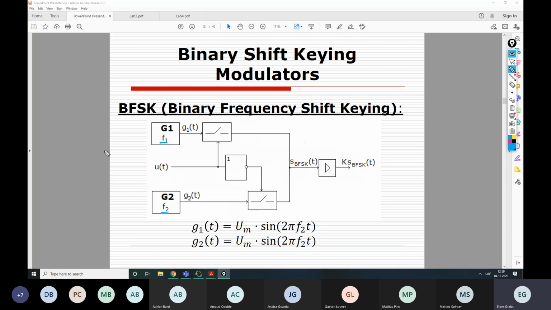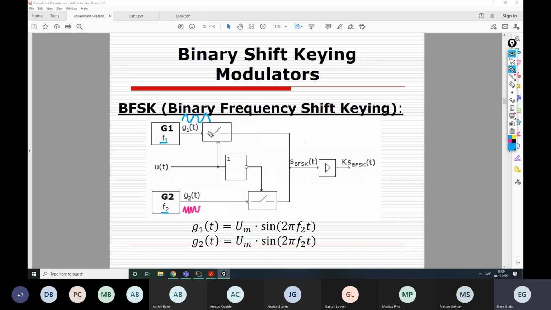But in the simplest way, we have two generators, each of them generating a harmonic signal with different frequencies, right? And we have two switches, which work, let's just say, in an opposite way.